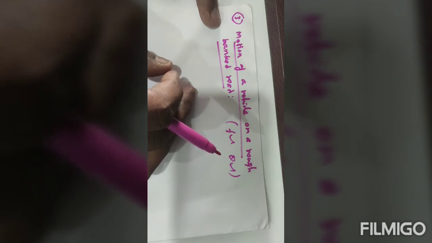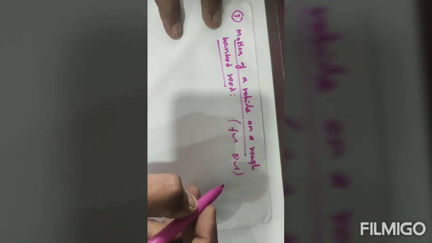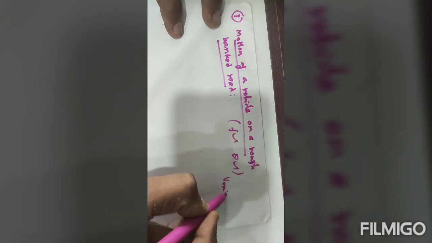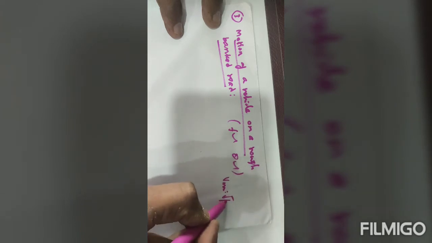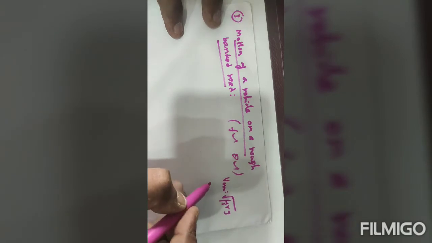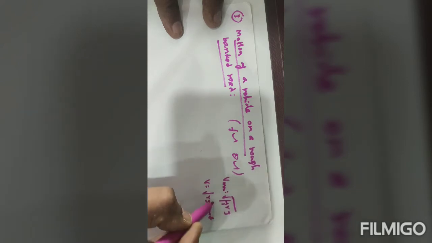Right, we know very well that in the previous cases, in the curved path with only friction, the maximum velocity v is the whole root of mu rg. And in the curved path with only the angle, the velocity is equal to root of rg tan theta.